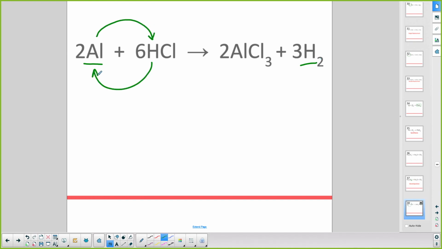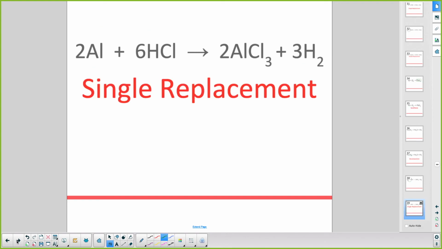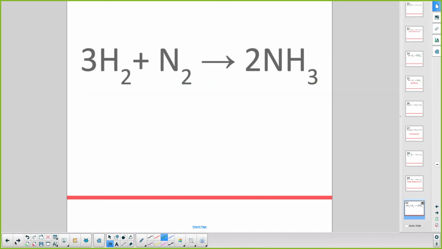All right, Allie came in and kicked Hannah out of the way. And Clarence was like, ooh, look at Allie, I want her instead, right? Kicks Hannah to the curb, and now we have Allie and Clarence together. All right? Single replacement. It's the only CL male name I can think of. Yes, Clarence. No, it was a made up story so that you could see somebody's left single, alone, and sad. All right? Clyde, yes. Could have done that. All right. And then 3H2 plus N2 yields 2 NH3.